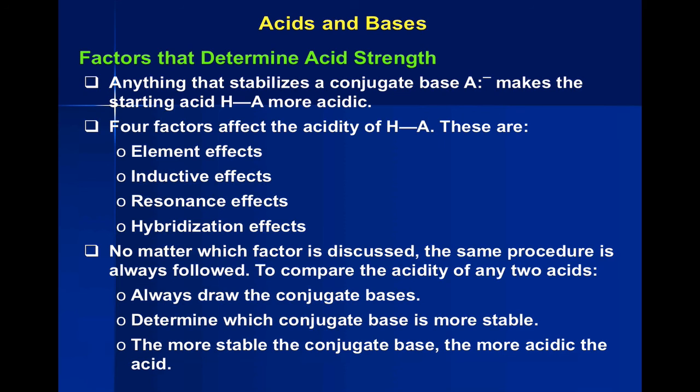It's always going to come down to element effects, inductive effects, resonance effects, and hybridization effects. So no matter what factor you have to take into account, the process is always the same. You're going to draw the conjugate bases, the A minuses, and ask yourself, comparing these things together, which one is the more stable. Okay?